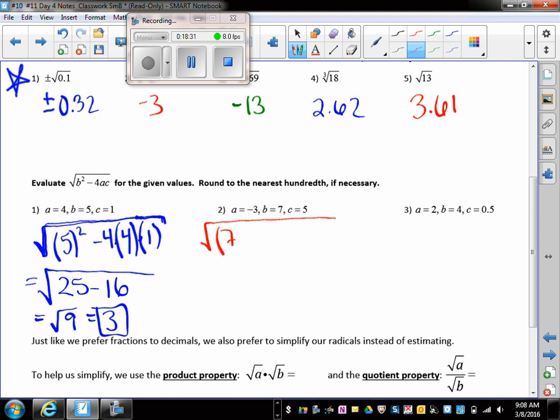Good, so 7 squared minus 4 times a. What's my a value? Good. Notice here it's important to use parentheses because it's a negative 3. There's more than one piece that you're typing in your calculator, so your calculator needs to know there's parentheses. Alright, times a times c, and c is 5. Alright, go ahead and punch that into your calculator.